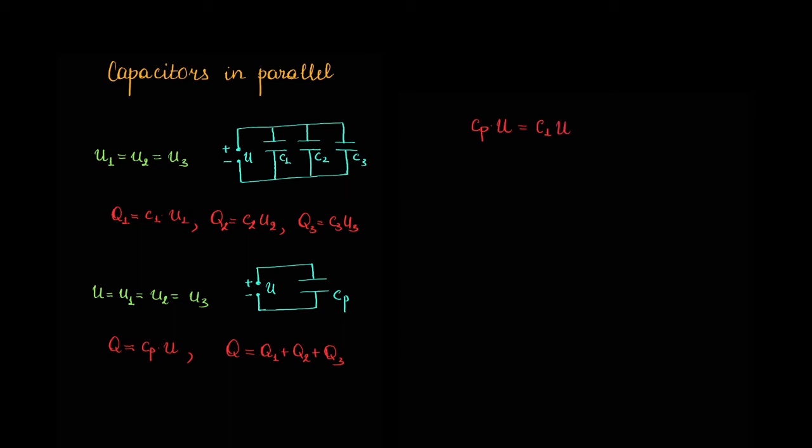Since U1 is the same as U, let's just write U, plus C2 multiplied by U, plus C3 multiplied by U. Cancelling the voltage, we get that the total capacitance of these three capacitors is just the sum of the individual capacitances, right? C1 plus C2 plus C3.